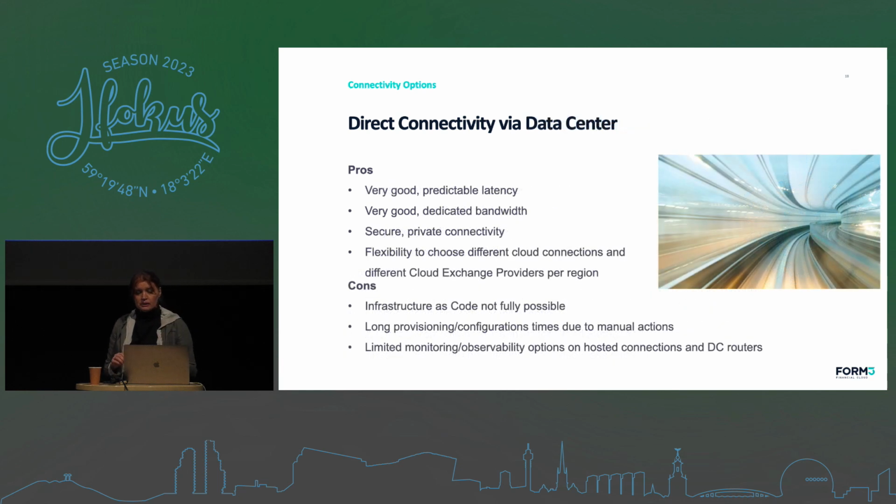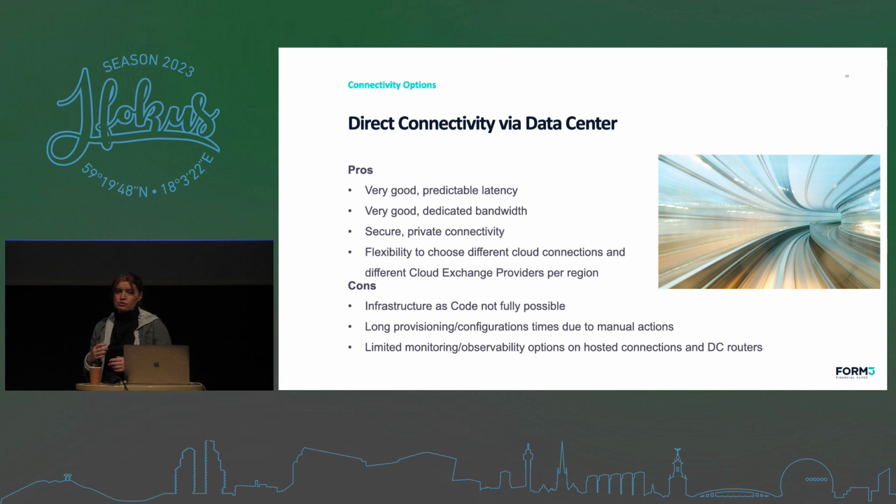Because when you think about direct connectivity via data centers, for connectivity you have exactly the same options. So it's very good latency, bandwidth, security, etc. However, when you think that usually if you don't have your own data centers, you need to use some third-party vendor, and you need to use some DC manager and some DC operational company.